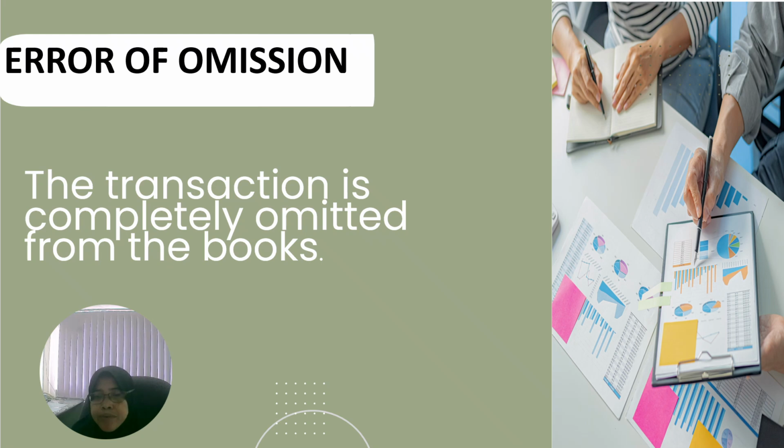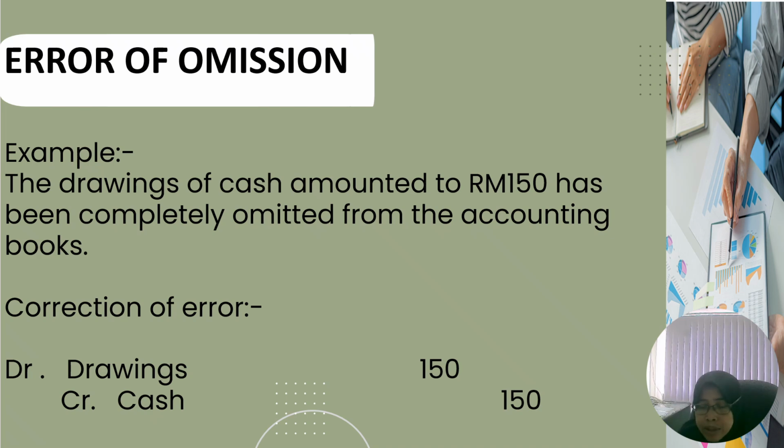Next we have error of omission. Error of omission happens when the transaction is completely omitted from the books. Look at the example. Let's say the drawing of cash of RM 150 has been completely omitted from the accounting books.